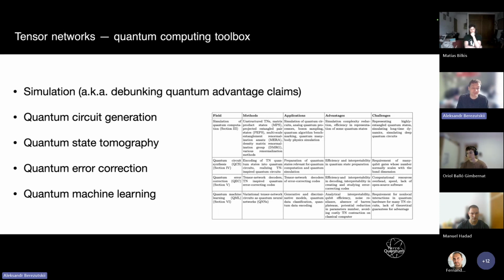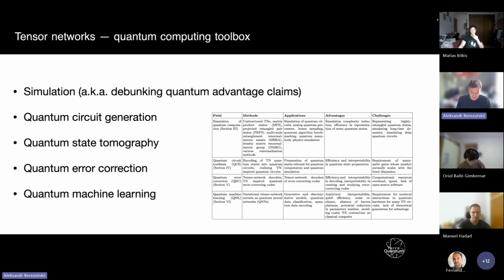So there's this. Then there is also quantum circuit generation. What this means is that sometimes you need to prepare a state for your quantum algorithm, and theoretically you know what the state should be, but for the experimentalists in the room, they need to know what operations to apply to make the state that they want.